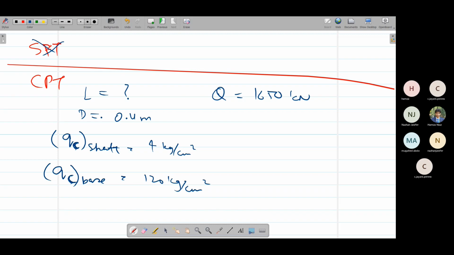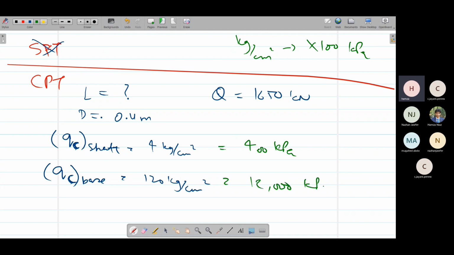C means CPT test. This whole data is given. First of all, you have to make the units consistent. To convert kilogram per square centimeter into kPa, simply multiply by 100 to get kilonewton per square meter. So 4 into 100 is 400 kPa, and 120 into 100 is 12,000 kPa.